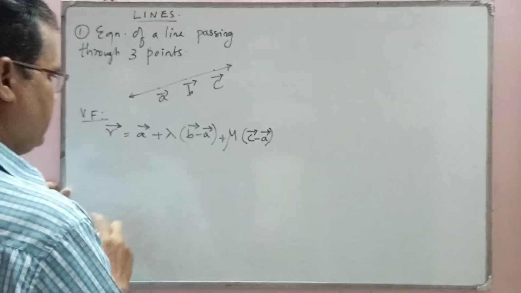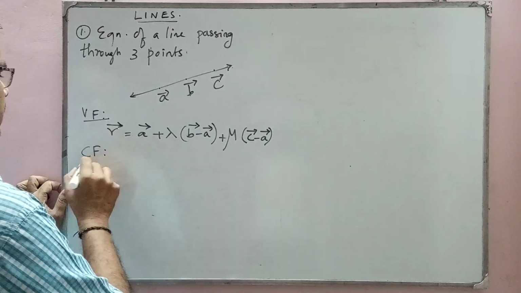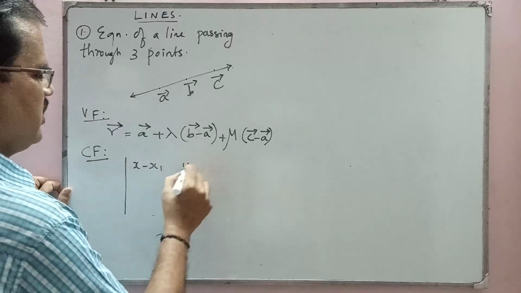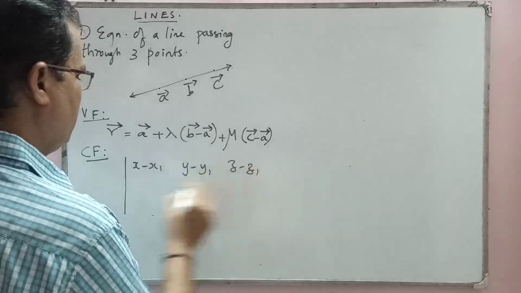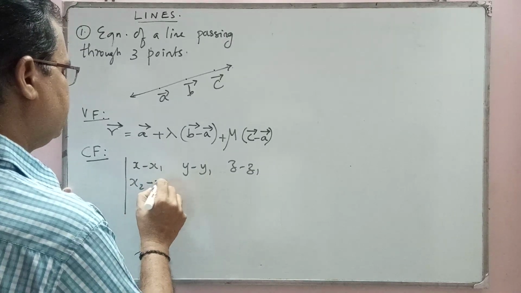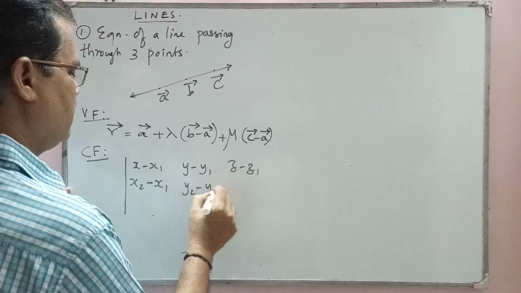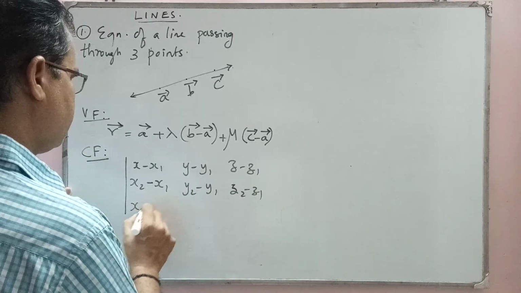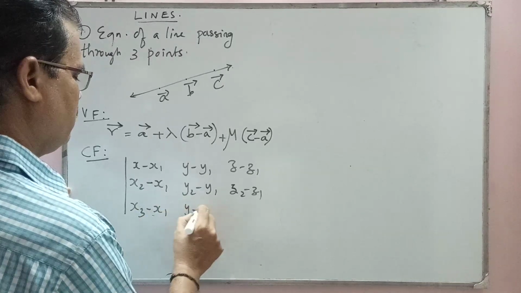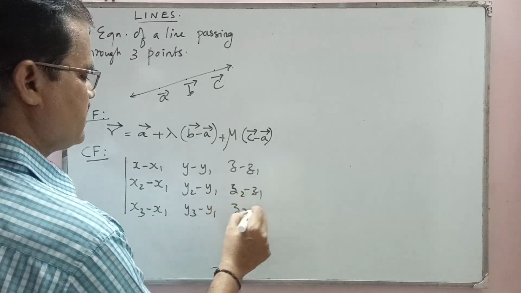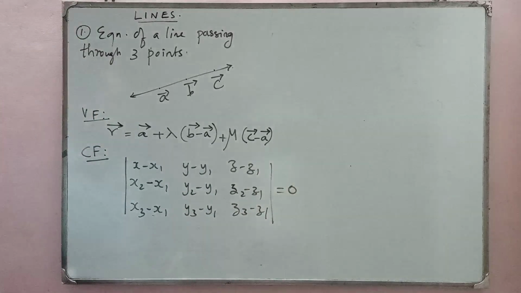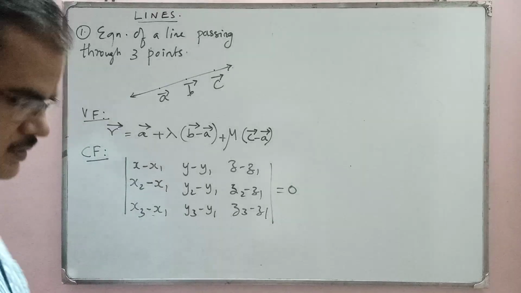This also gives a direction. Next, Cartesian form: the determinant with rows x minus x1, y minus y1, z minus z1; x2 minus x1, y2 minus y1, z2 minus z1; x3 minus x1, y3 minus y1, z3 minus z1, equals 0. This is the equation of a line passing through 3 points.